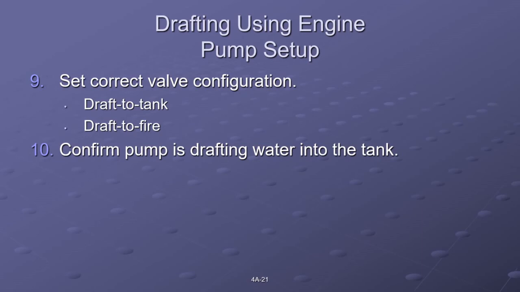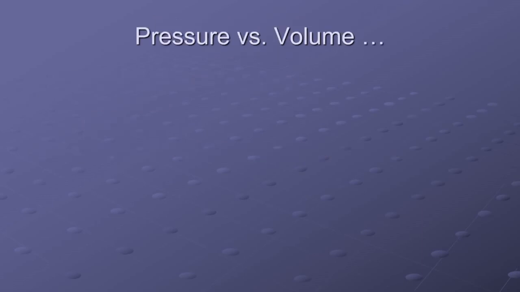If you look at it that way, it commonly works out a little easier. You're not thinking ahead of what valves to pull here or there, do this or that, just one step at a time. And you confirm that your pump is drafting water into the tank or pumping water into the tank, either visually by looking at the gauge or by looking at the tank.